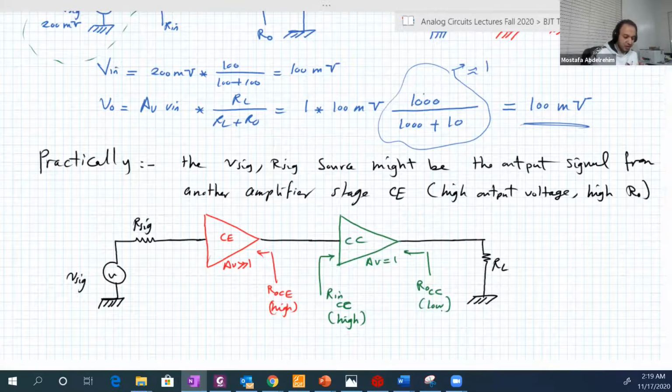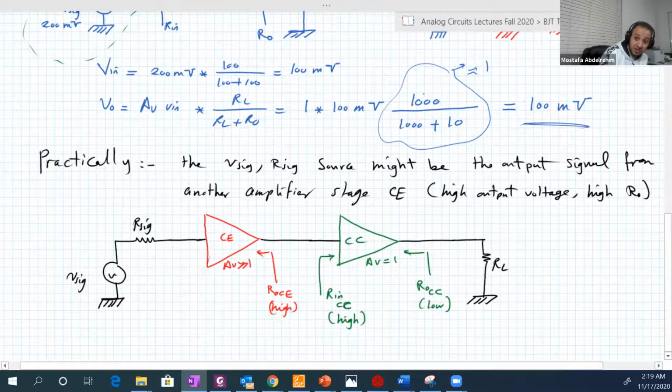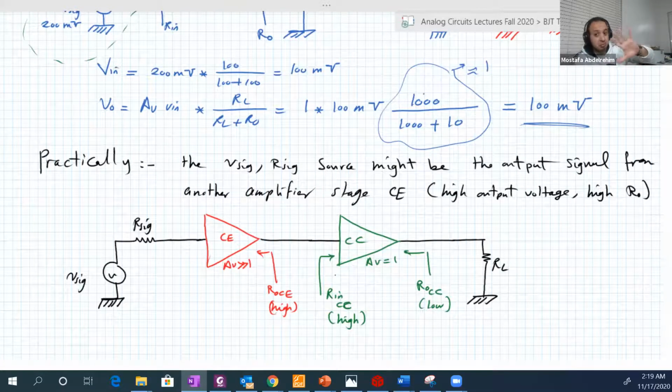So we have matching here, the high input resistance with the high output resistance. If we connect the common emitter directly to RL, we might lose some of our amplified signal. So we put the common collector in between, so it can take most of this output at its R input. Then without amplification, it will deliver most of it to our load because RO is very small. Okay. And next lecture we're going to talk about these multi-stage amplifiers and how we analyze them. They are easy, by the way.